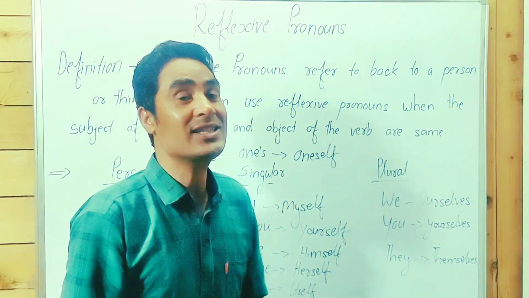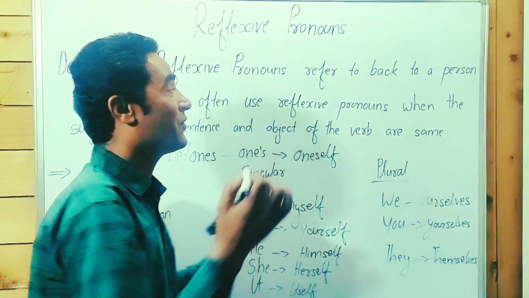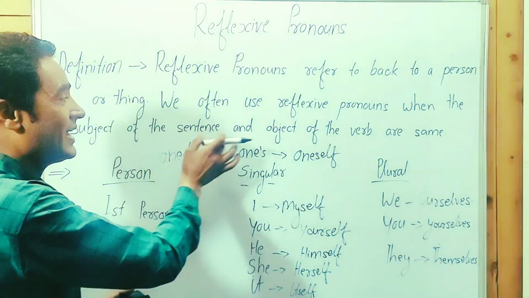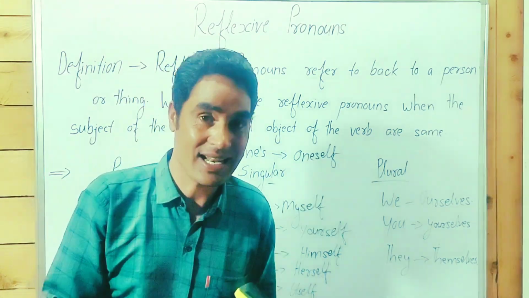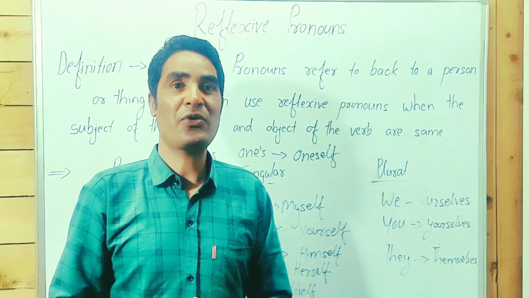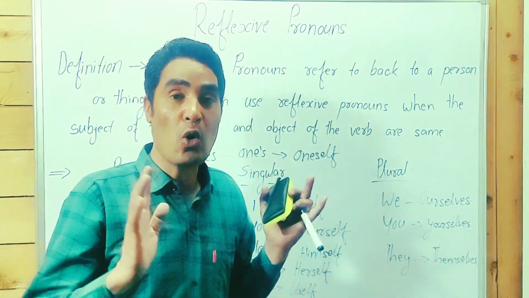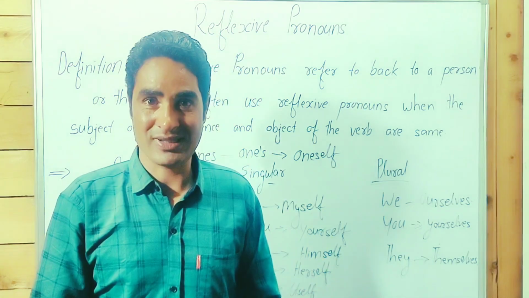So let me write some examples. We use reflexive pronouns when the subject of the sentence and the object of the verb are the same. In the next slide, I know most of you are here from a competitive examination point of view. So we will learn four ways, four terms to use reflexive pronouns one by one.